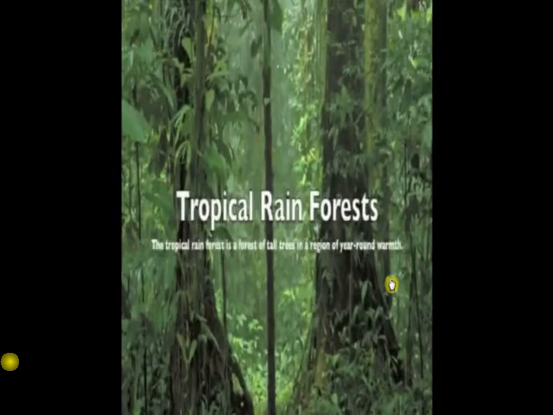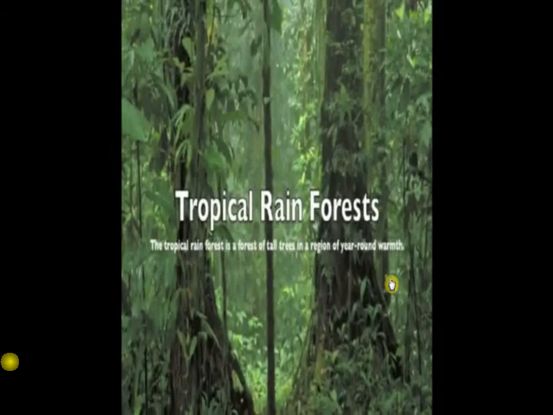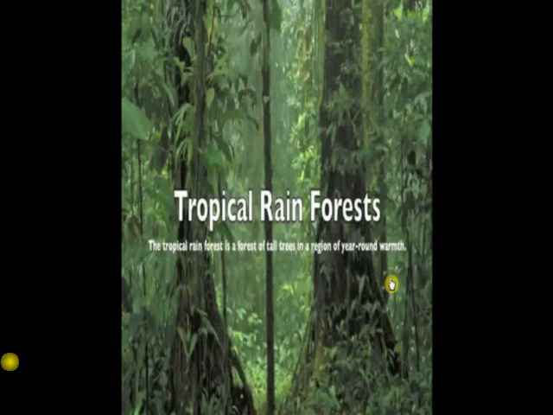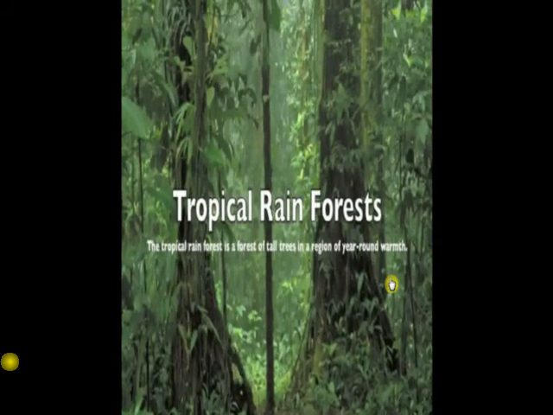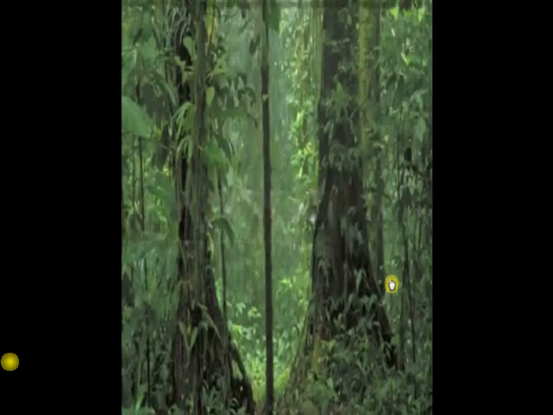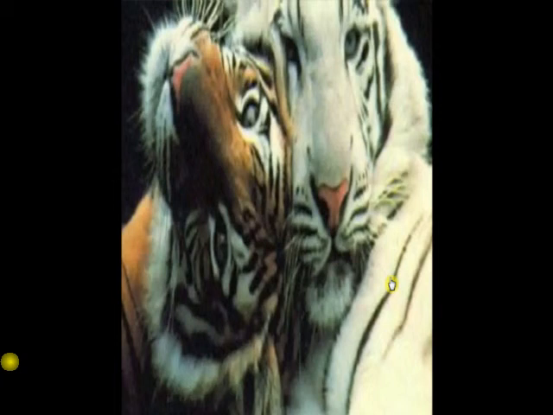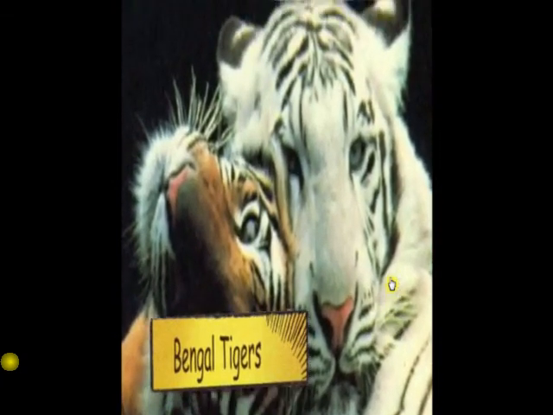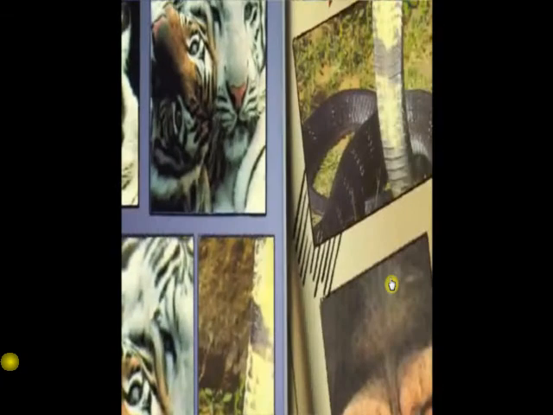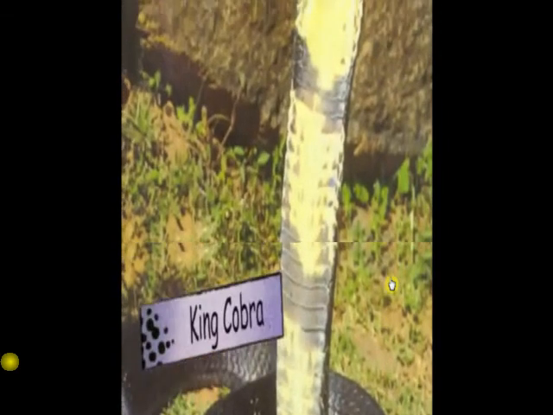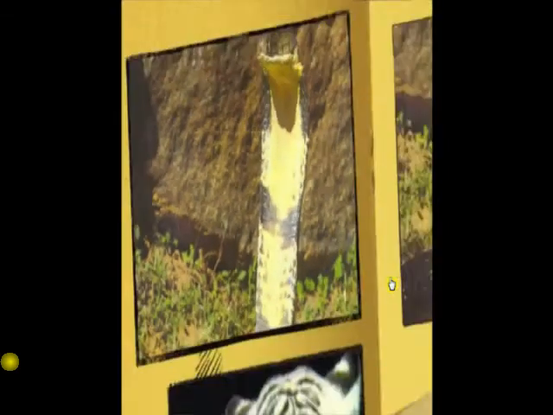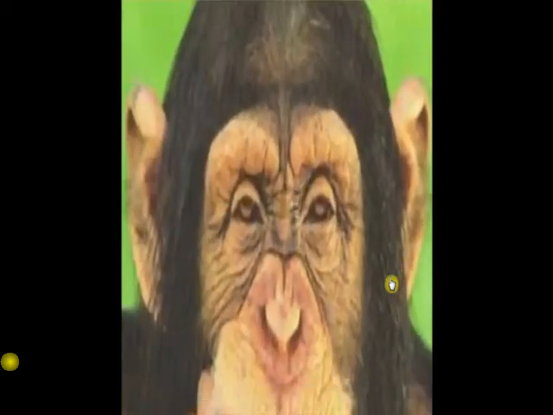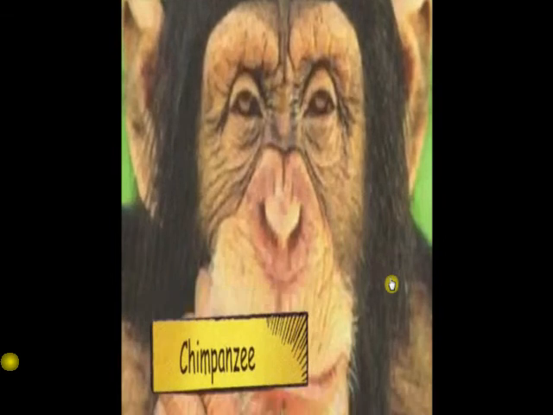We move to the rainforest. Year-round growth. The animals: the Bengal tigers, the king cobra, as well as many other snakes, the chimpanzee.